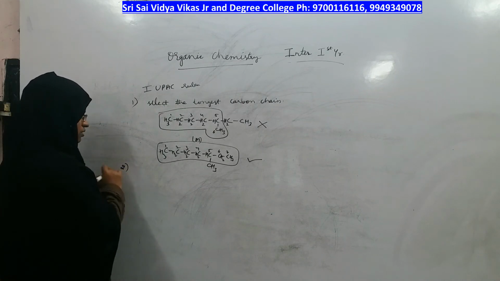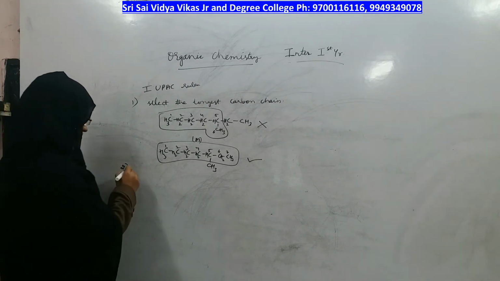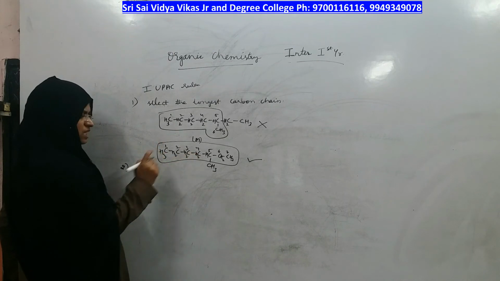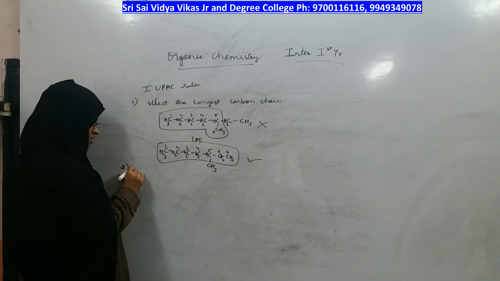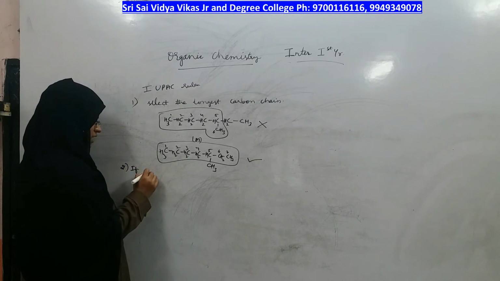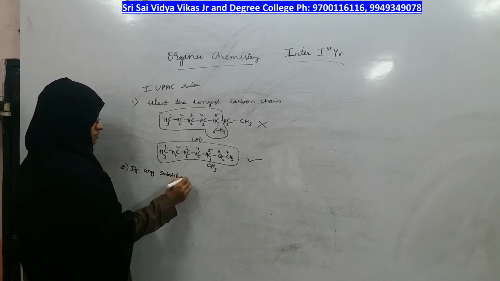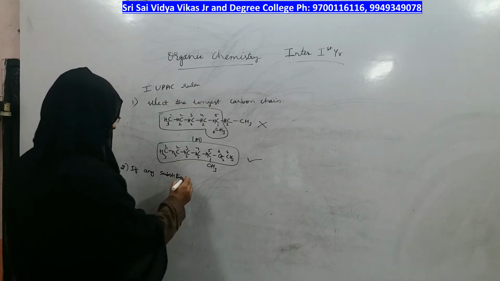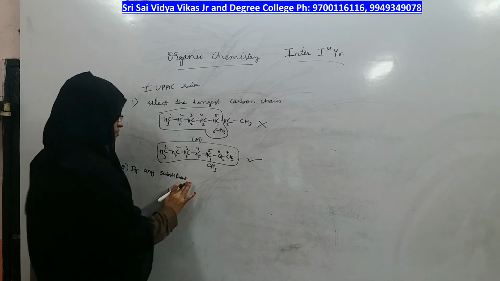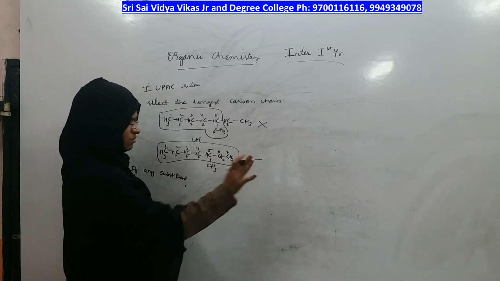What is the second rule? I have just selected the longest carbon chain in which numbering was not there. Okay. If any substituent is present, the substituent can be methyl, ethyl, all the prefixes.